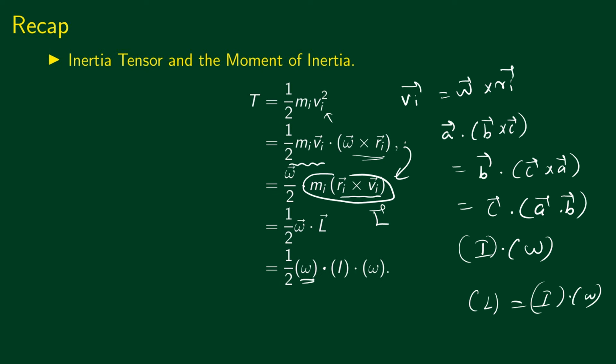In other words, we now have an expression for kinetic energy which is half omega dot I dot omega. Here we have a double contraction, right? So I has two indices. It's contracted with omega from the right. It's also contracted with omega from the left. So what we have here is a scalar.